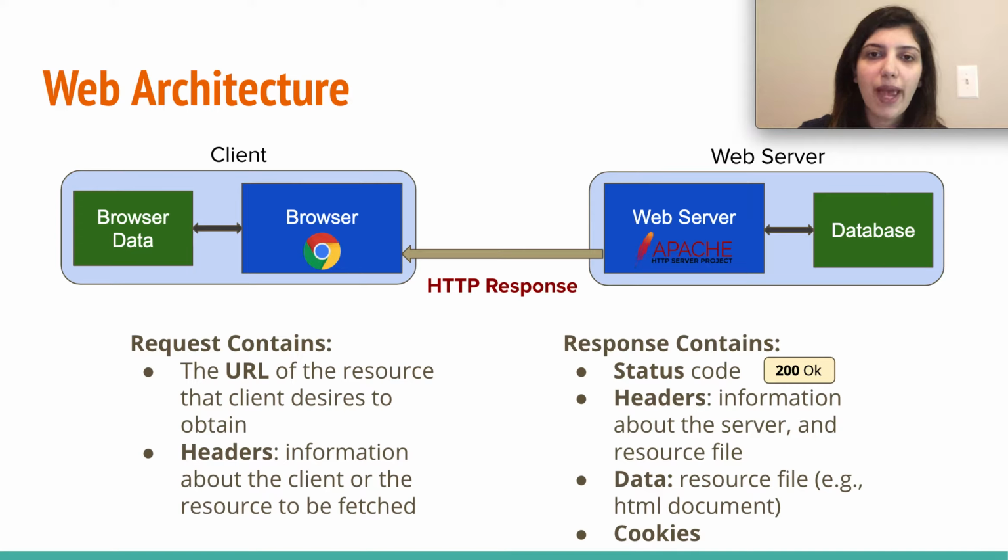Then it will send back this resource file in an HTTP response packet. The HTTP response packet contains a status code, headers that are information about the server or the resource file, data that is the resource file in the HTML or PHP format, and cookies that we will talk about in more detail. The client or the browser will get this file, render it, and show the content of the file to the user.